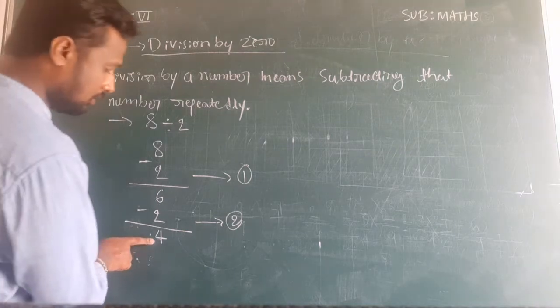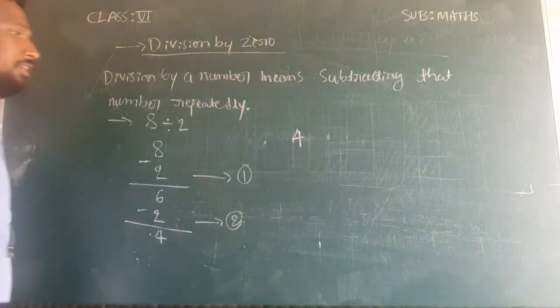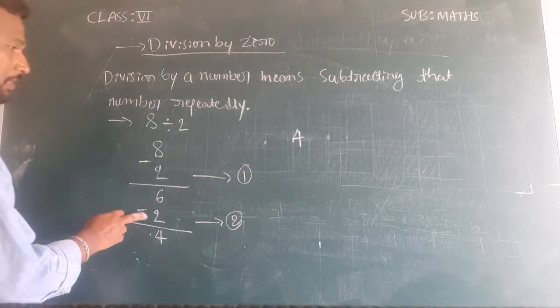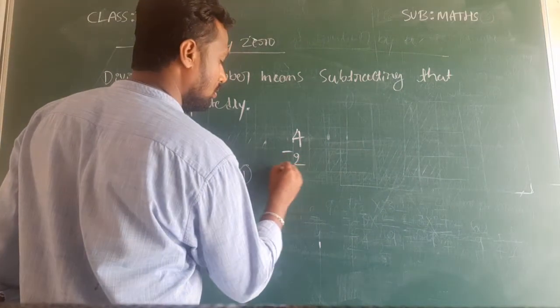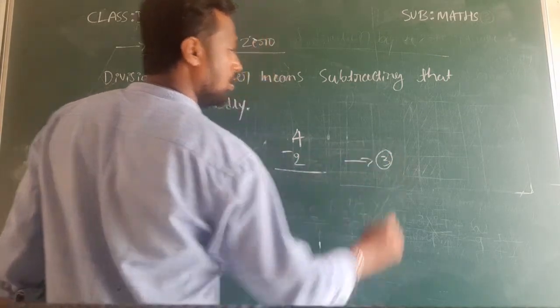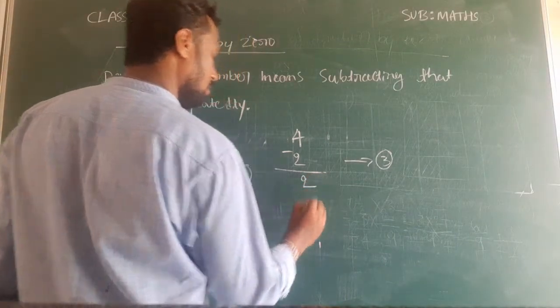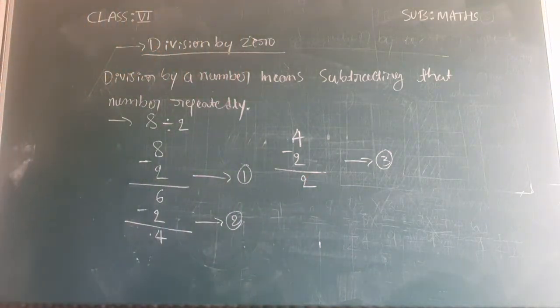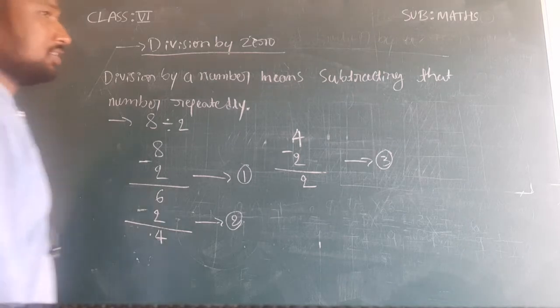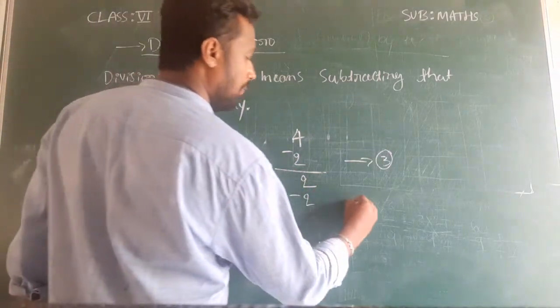Now I will consider this remaining value, that is 4. Again I will subtract 2, and this is the third time. 4 minus 2 means 2. Now again I will subtract 2 from the remaining 2.